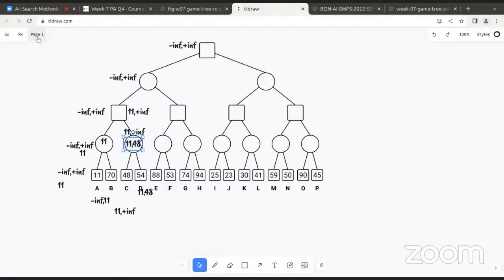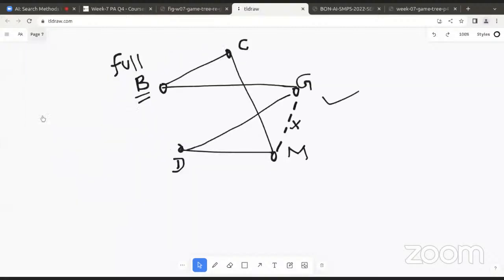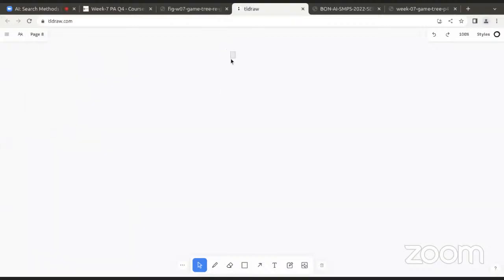What happened to the other pages? Oh, yeah, it is there. Okay. Draw it in a different order. It's easy to explain. C, B, C, M, D. So I get C. I'm drawing in a different order, but it doesn't matter.